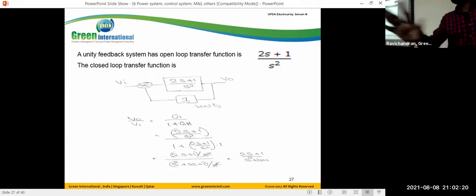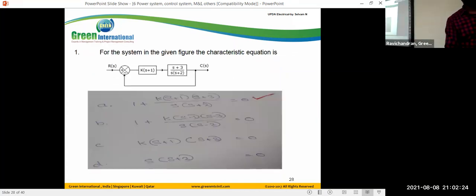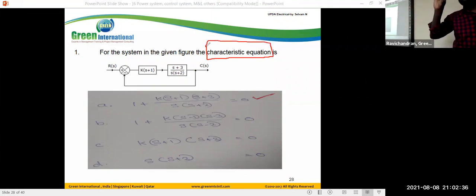Then we need normal mathematical calculations. And sometimes characteristic equation questions are asked. So earlier we have four formulas. Number 1, simple G. Number 2, G1 into G2. Number 3, G1 plus G2. Number 4, G divided by 1 plus GH. These are the 4 formulas.